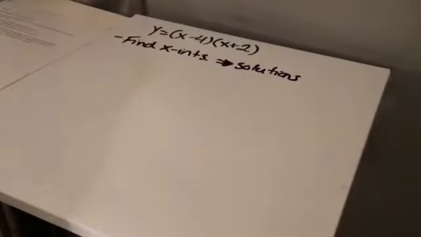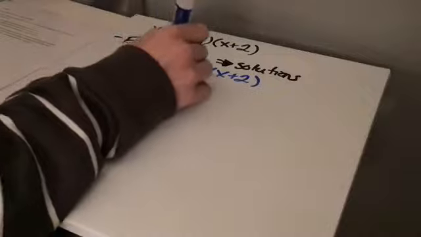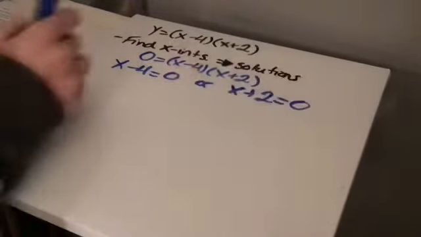Okay? So we're going to take our equation and set it equal to 0. So 0 equals x minus 4 times x plus 2. Then solve. So x minus 4 equals 0, or x plus 2 equals 0.